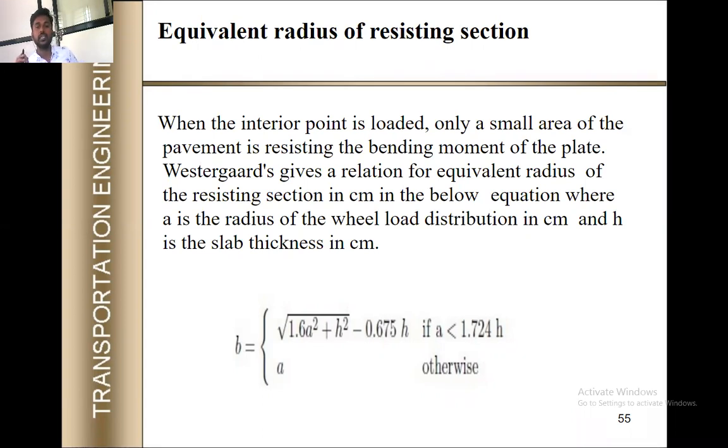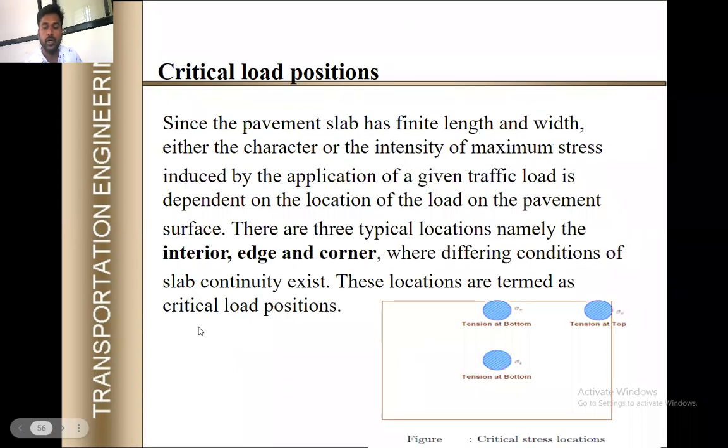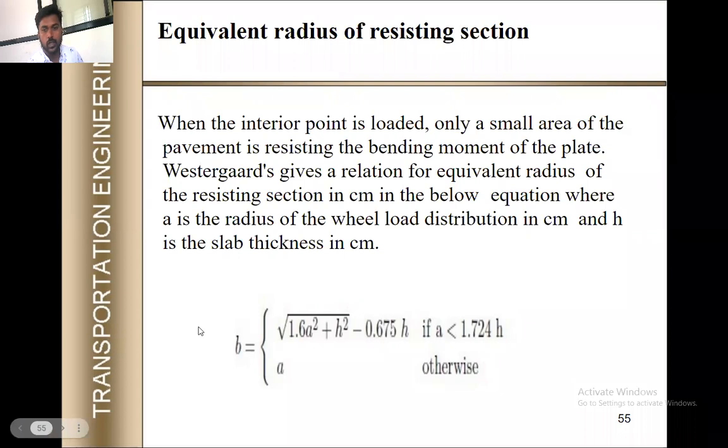Then Westergaard gives the relation for the equivalent radius of the resisting section in centimeters in the below equation, where a is the radius of the wheel load distribution in centimeters and h is the slab thickness in centimeters. So Westergaard has given the formula for calculating the radius of resisting section.